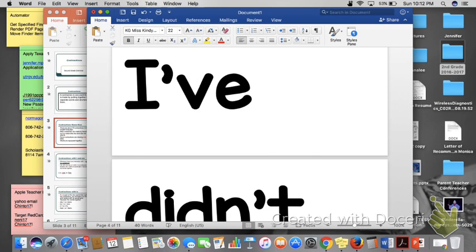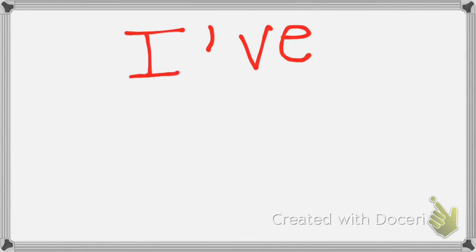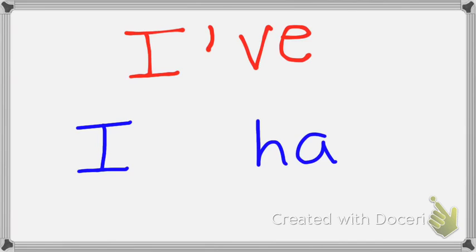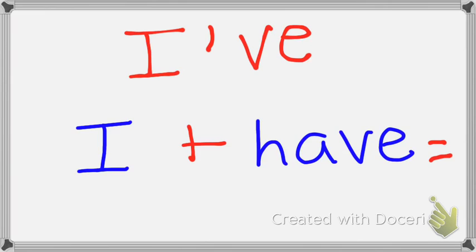This is the word I've. So if I have the word I've, this word is made of the words I and have. So if I put these two words together, I make the contraction I've.